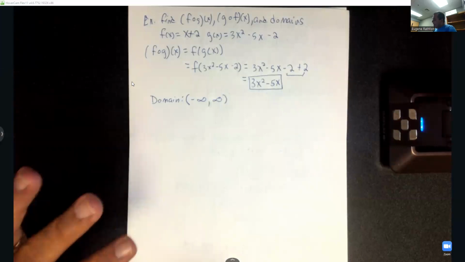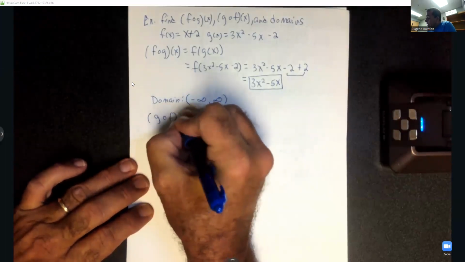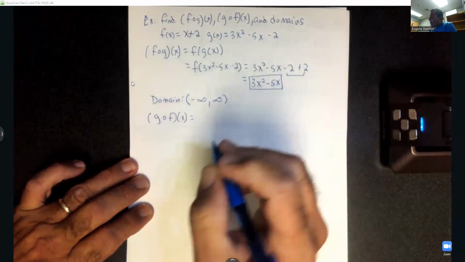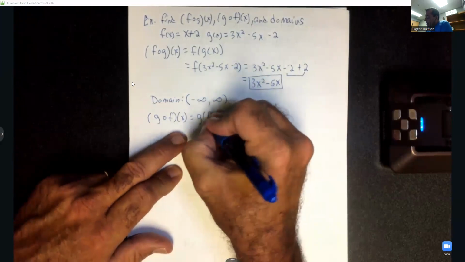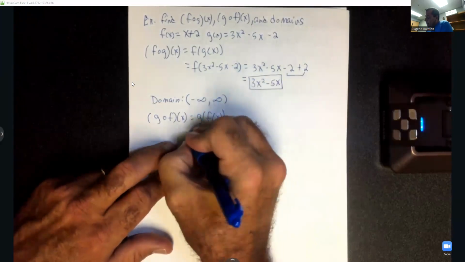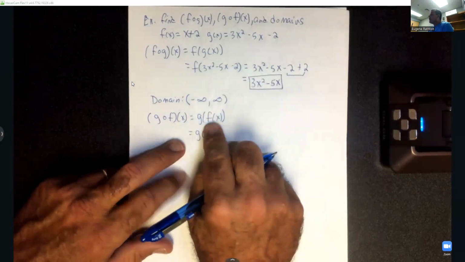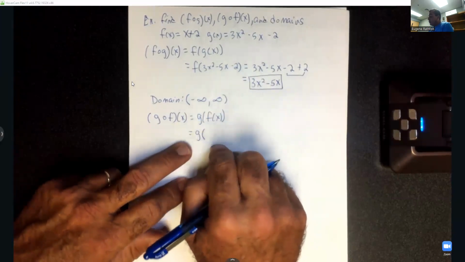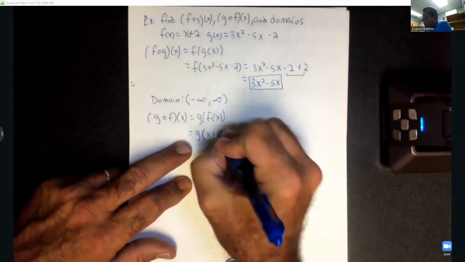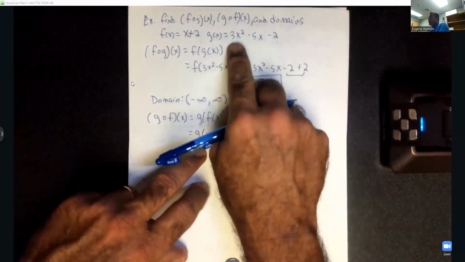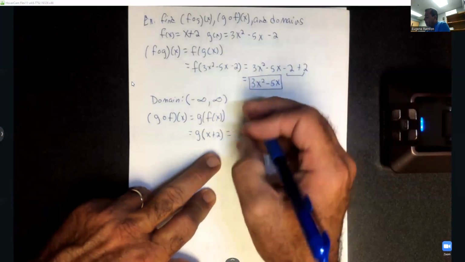Now, y'all, I'm not gonna lie, the next one's trickier because we're doing g of f of x. Remember, that's like g of f of x. So since g is my controlling equation, I put f of x in for its variable. f of x is x plus 2. So we take the g, and wherever there's an x, we're going to put x plus 2.